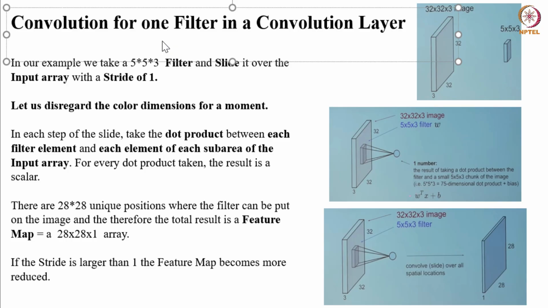So when we slide the filter across the total input image, we take the dot product between each filter element and each corresponding element of the sub-area of the input array that we are at the moment. And then we get a scalar out of that, one number. And as you understand, when we move a filter around, there are many positions the filter can be in.